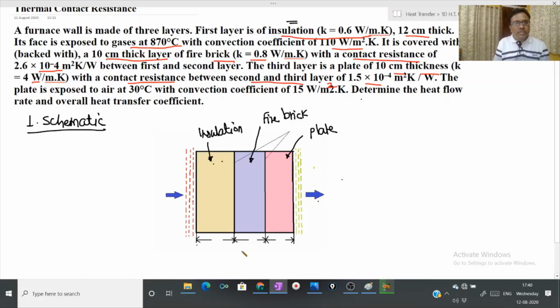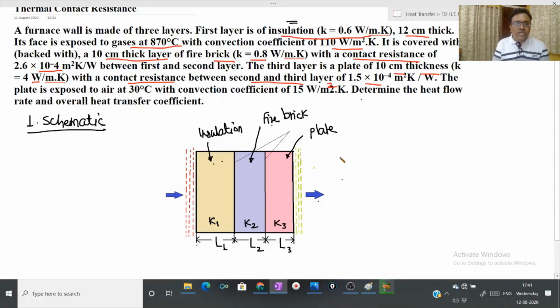Let's say the insulating material has thermal conductivity K1, fire brick K2, and the plate has thermal conductivity K3 respectively. Let's say the thickness of the insulating slab is L1, of fire brick is L2, and that of the plate is L3.